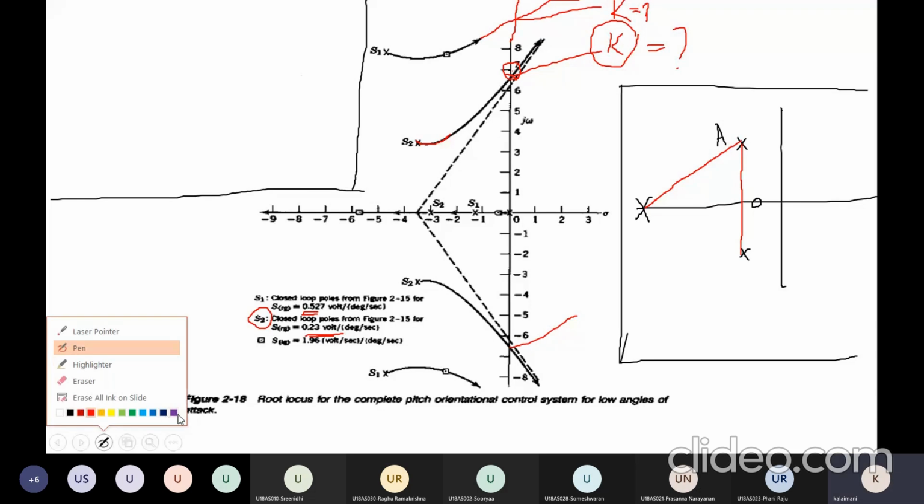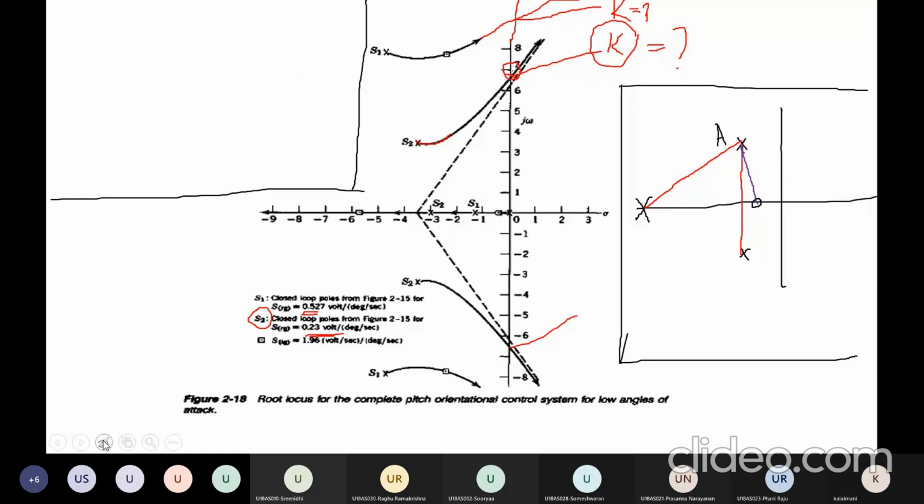So here I have one zero. So we need to find out all these angles.